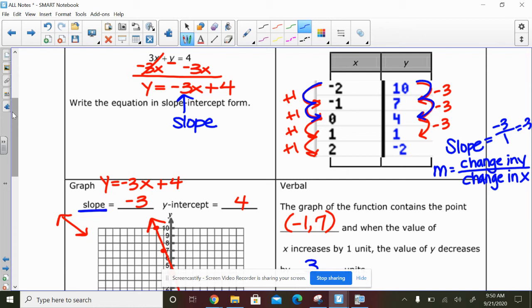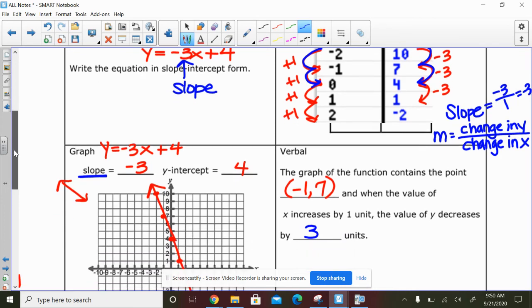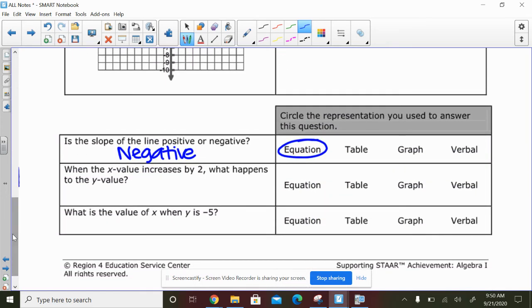And it is decreasing by 6. So I'm going 2 at a time. So when I add 2, then I'm subtracting 6. So it decreases by 6, and then I use my table for that.